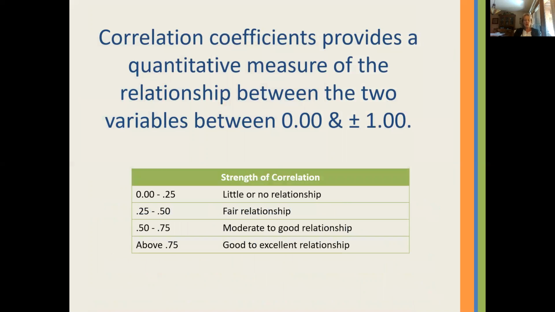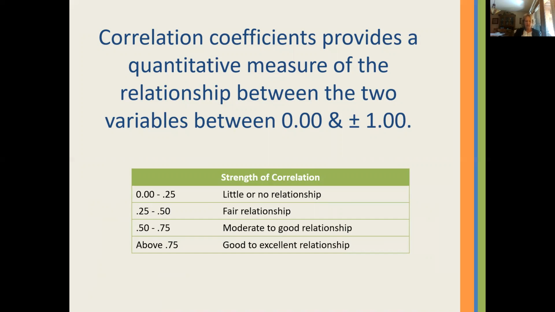Now, correlation coefficients provide a quantitative measure of the relationship between the two variables. And as I said before, it ranges from 0 to either +1 or -1. So 0 to 0.25 is considered little or no relationship. 0.25 to 0.5 is a fair relationship, and 0.5 to 0.75 is a moderate to good relationship.